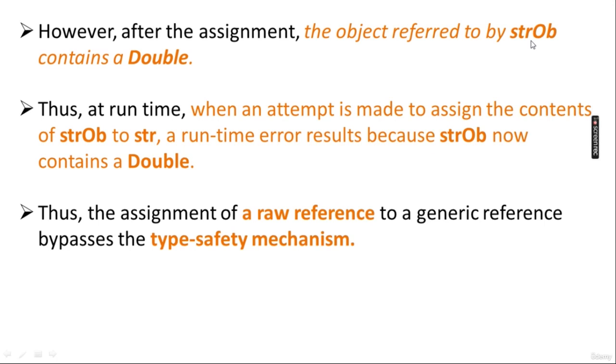Okay, assumed to have a String value but is having 98.6. At runtime, when an attempt is made to assign the contents of strOb to str, a runtime error results because strOb now contains a Double value. Okay, thus the assignment of a raw reference to a generic reference bypasses the type safety mechanism.